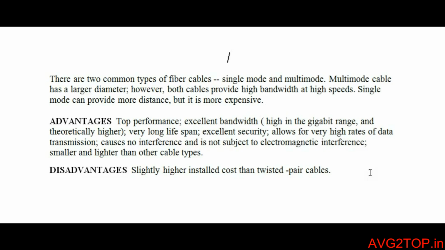Advantages of fiber optics: it has top performance and excellent bandwidth, supporting the gigabit range. It has a very long lifespan, is highly secure, has a high rate of data transmission, and there is no interference from electromagnetic or electrical devices. It's also smaller and lighter than other cables.